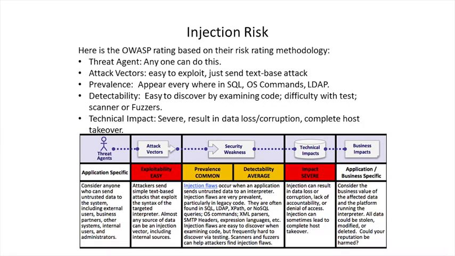So data can be lost, stolen, and data can be corrupted, right? Because you can now replace the content by editing the file through this interface. And the most impact is hostile takeover, right?